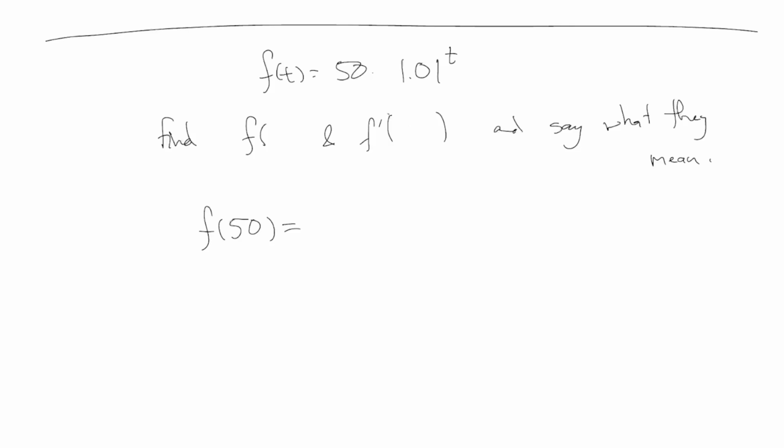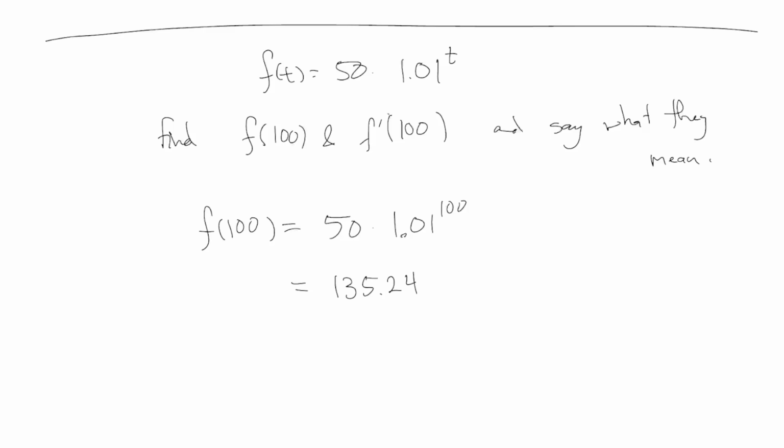Sorry about this. F of 100 is what I wanted to do because I have the numbers for that. F of 100 means you just plug in 50 times 1.01 to the 100. If you type those numbers into your calculator, I got 135.24.